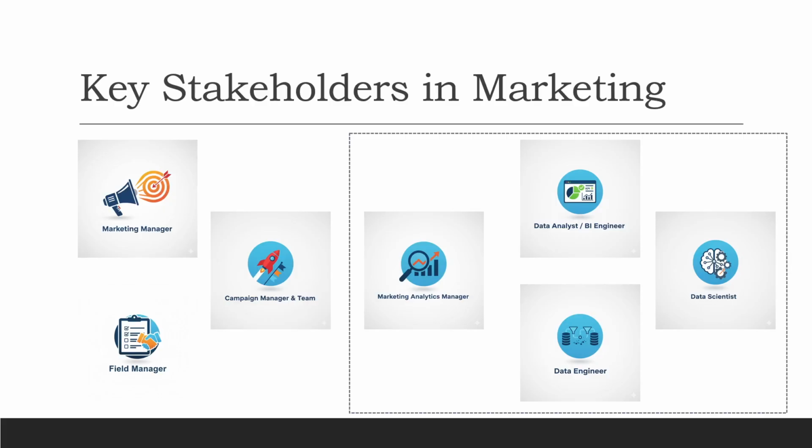And there is a field manager who is dealing with a lot of sales team members and managing the sales on the field, understanding what is happening, and probably collecting some data as well, versus those who are at the back end a little bit. Sometimes they are called overhead, but they are as important as the front end, right? So a marketing analytics manager is managing a team of, let's say, a couple of data analysts, data engineers, and data scientists. So these are the key stakeholders, and this is not an exhaustive list. There are n number of roles in the industry, and as we talk about industries, we will see them.